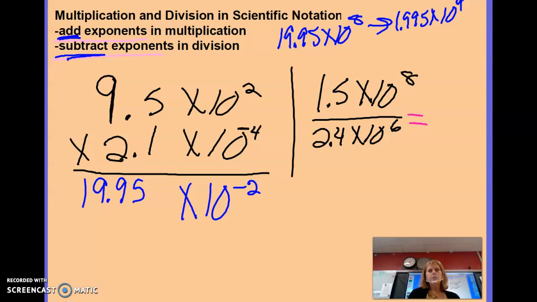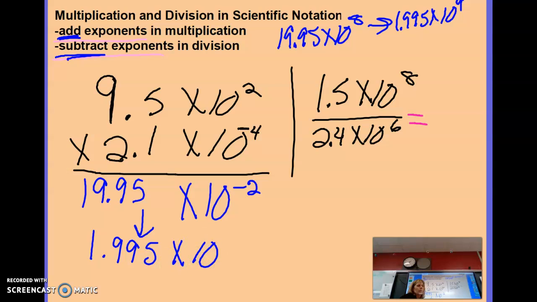If you remember the definition of scientific notation from yesterday, we have to limit this to one non-zero digit before the decimal. So this is really not in correct scientific notation, so we need to make that conversion. And be careful with negative numbers.